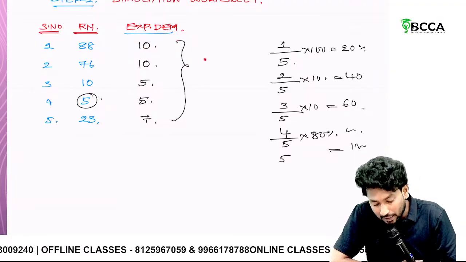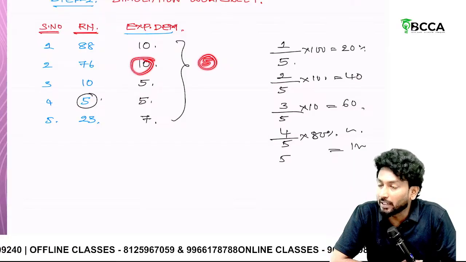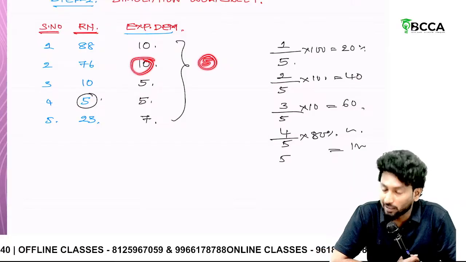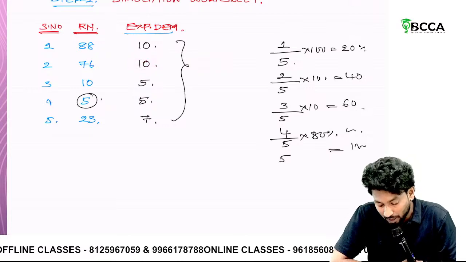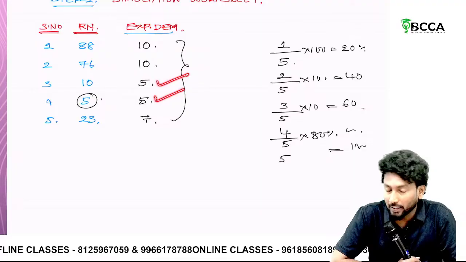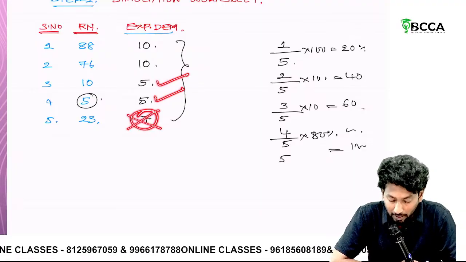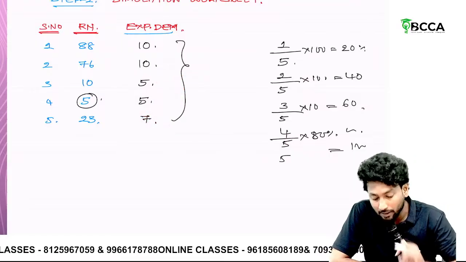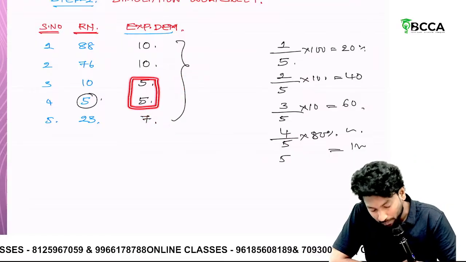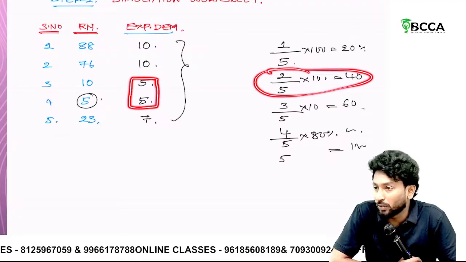Second day, he is having 5 cars only, but the demand is 10, he can give on rent 5 cars only, so the 10 demand cannot be satisfied, sir. Third day demand and fourth day demand can be satisfied, but fifth day demand can't be met. So that means if I maintain 5 cars in my store, I can satisfy 2 days' demand only.